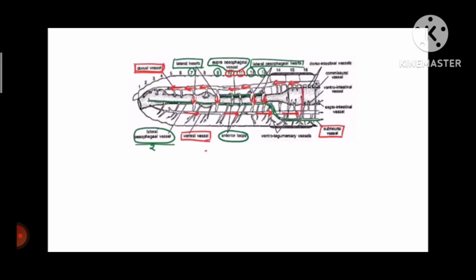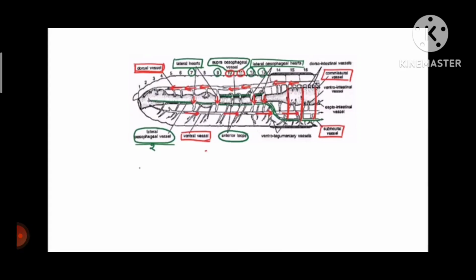Now we can observe these vessels. These are commissural vessels. Commissural vessels are observed in 14 segments and onwards, and these vessels connect the dorsal vessel with the subneural vessel.